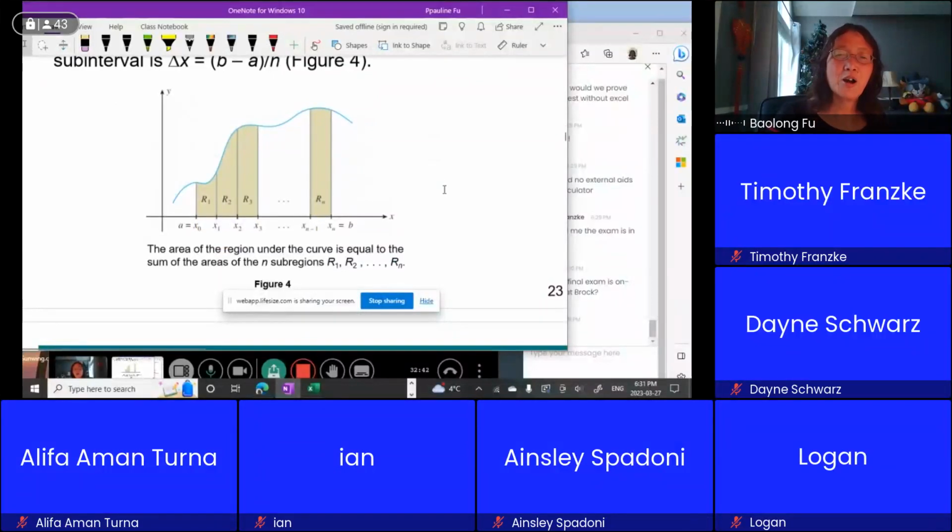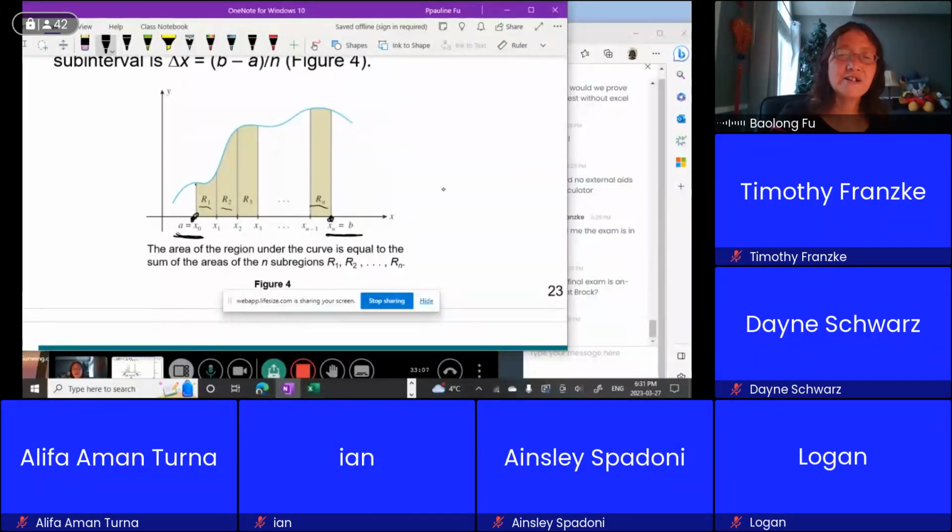So our objective is to find the integration from a to b, usually a is x0 and b is xn. And we want to divide into subdivisions R1, R2, until Rn.